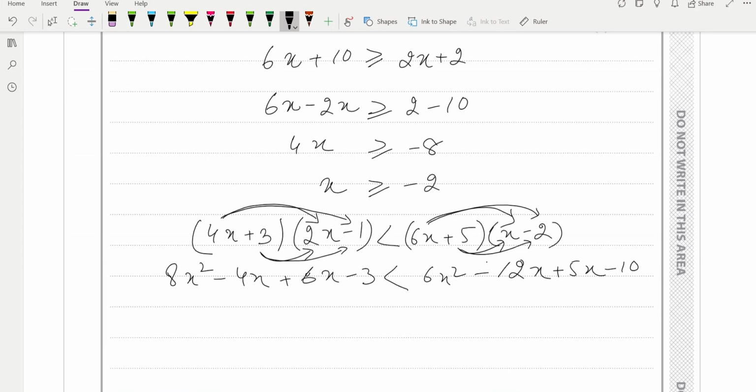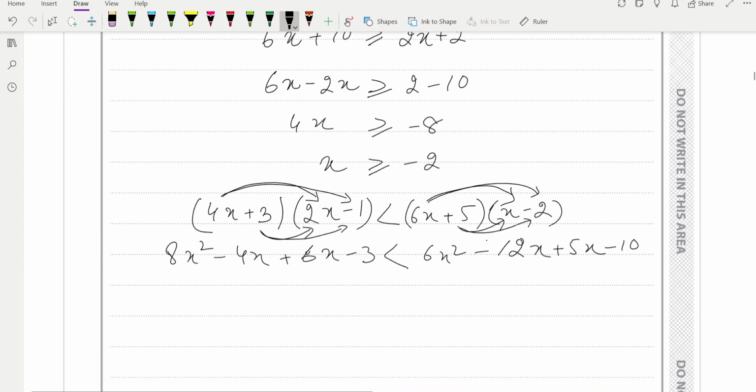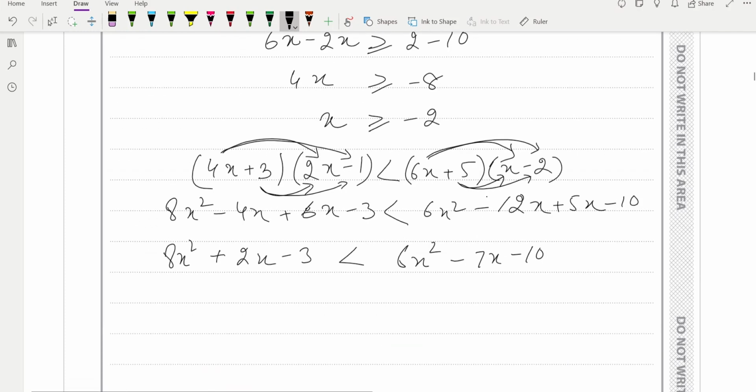After this step we'll have to add the like terms. First we'll simplify, this will be 8x squared plus 2x minus 3 and less than 6x squared minus 7x minus 10. So after this simplification we can shift the like terms.